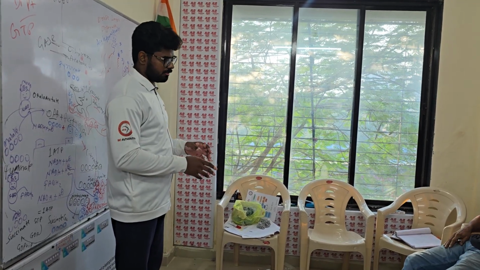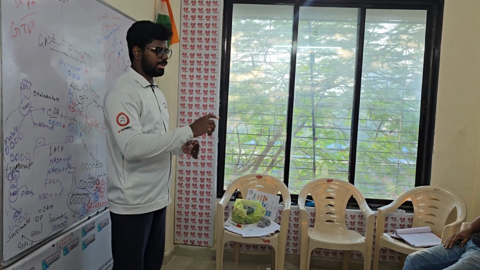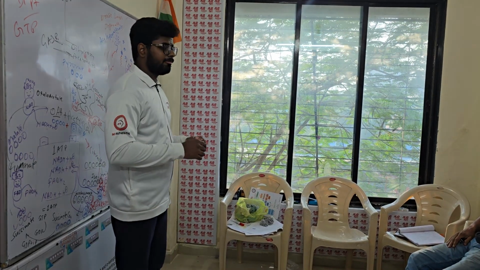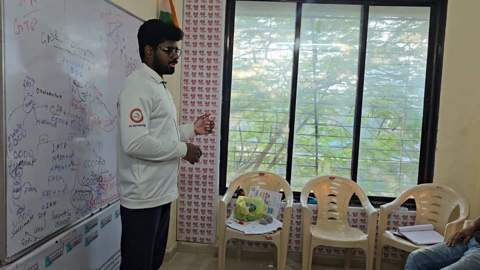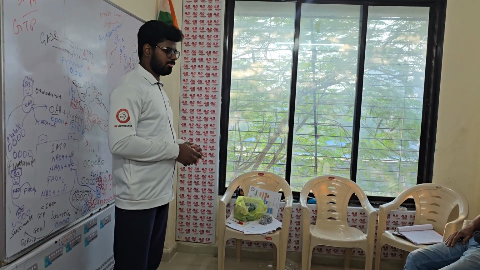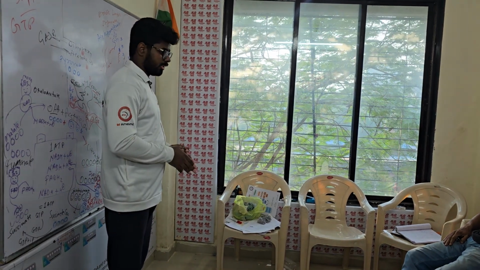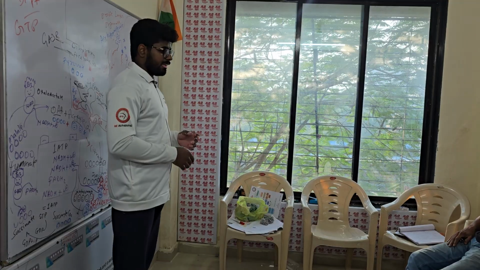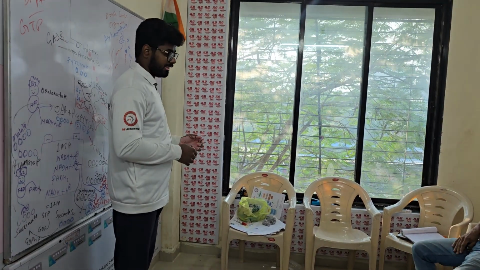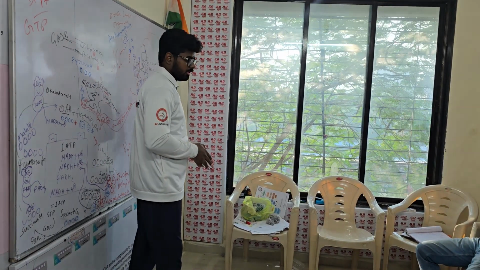Whenever a hydrogen atom reacts with B3, it will form NADH plus H plus. And whenever a hydrogen atom reacts with B2, it will form FADH2. So in beta oxidation, NADH plus H plus will be evolved and FADH2 will be evolved, and along with them acetyl CoA will be evolved.